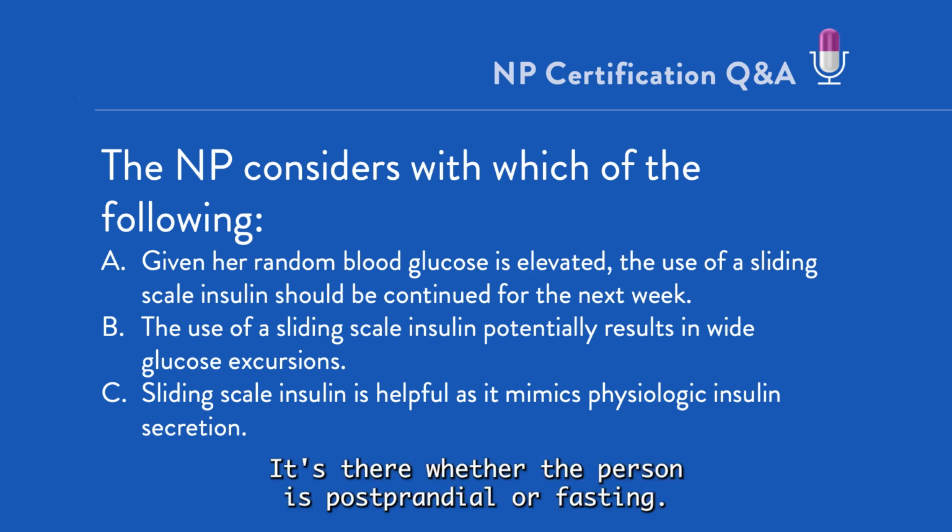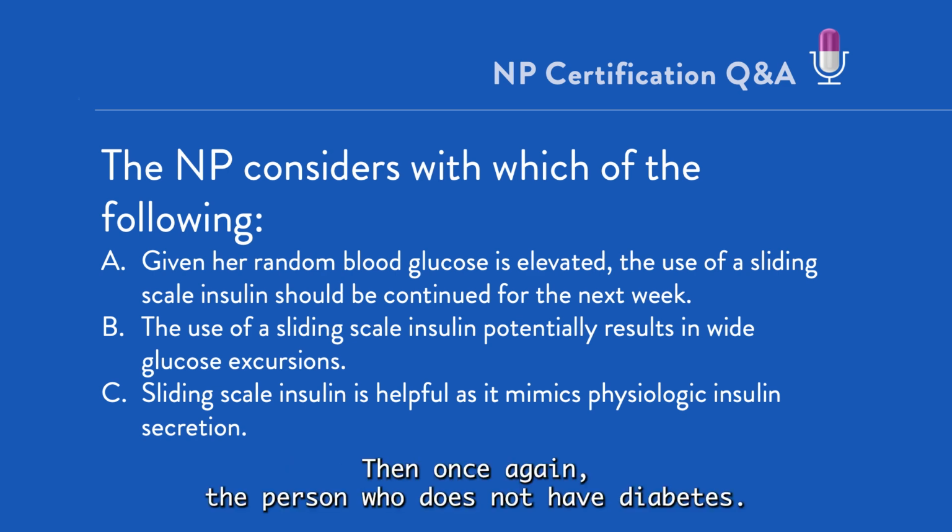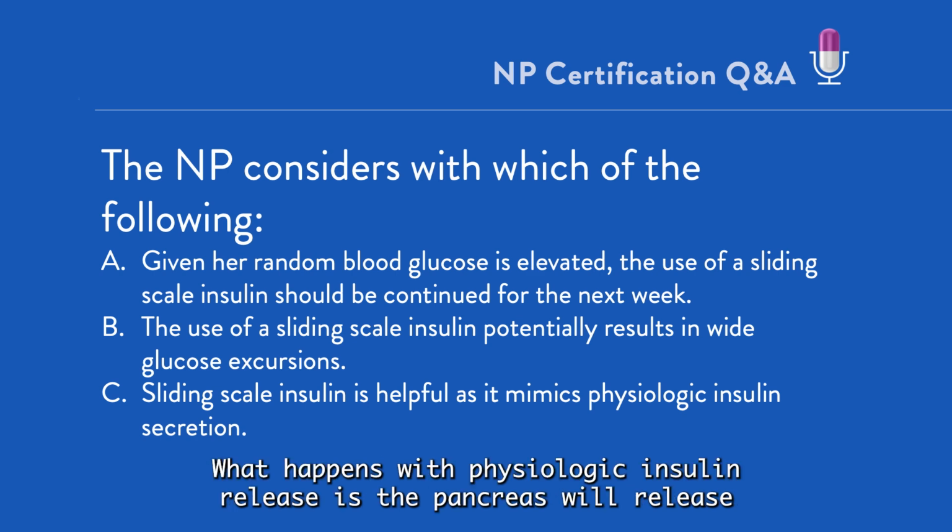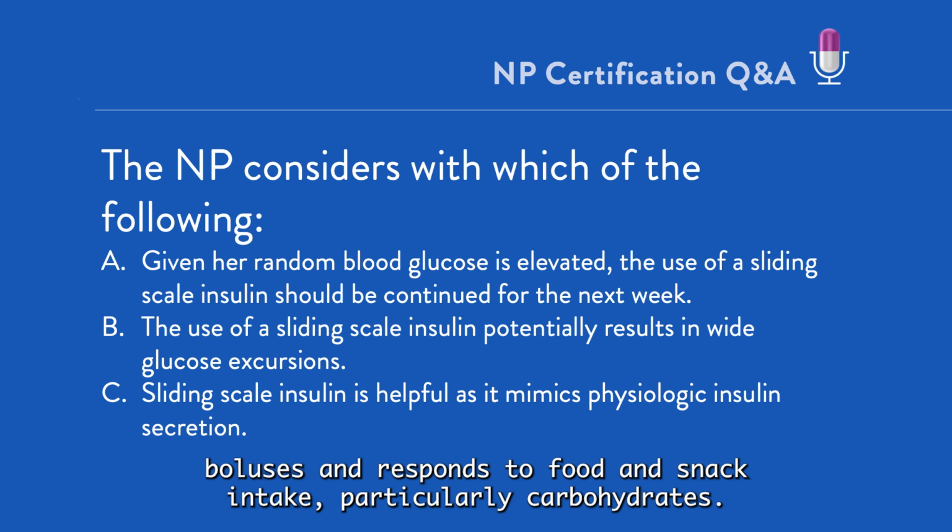It's there whether the person is postprandial or fasting. Then once again, in the person who does not have diabetes, what happens with physiologic insulin release is the pancreas will release boluses in response to food and snack intake, particularly carbohydrates.